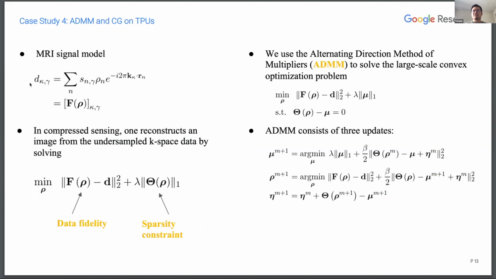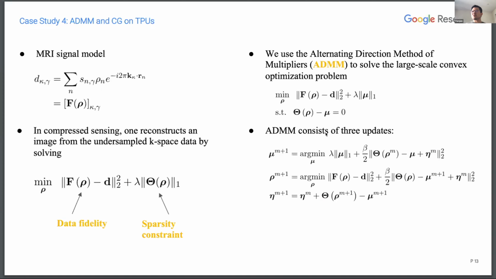This figure shows the first equation, the MRI measurement. D is the measurement, and beta is the image, which is complex-valued. In compressed sensing, one can reconstruct an image from the undersampled k-space data by solving an optimization problem. This problem has 2 terms: a data fidelity term and a sparsity constraint term.